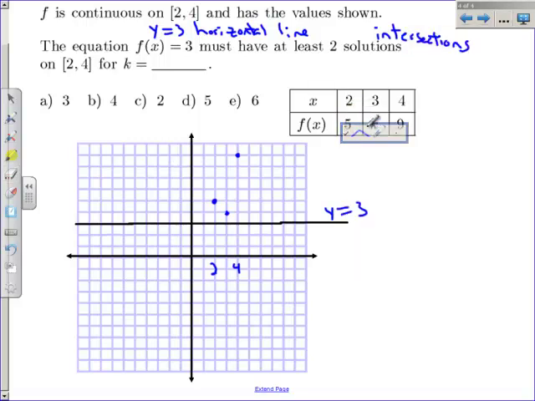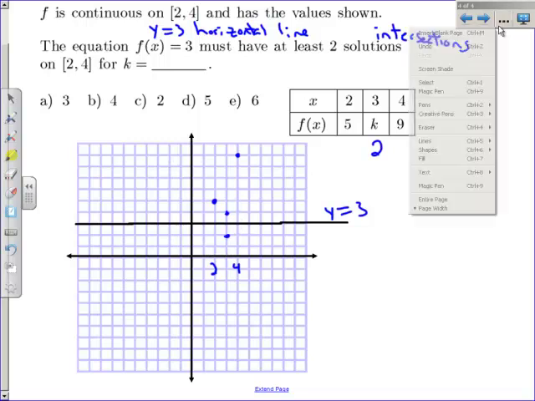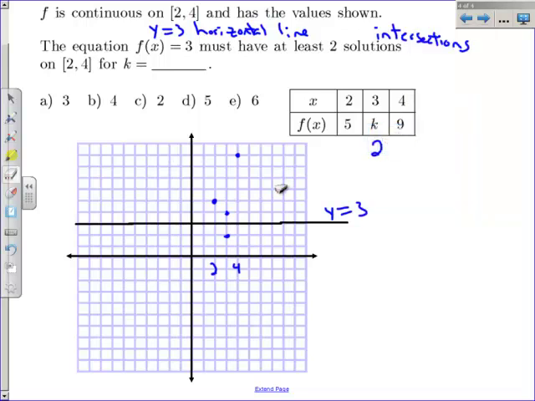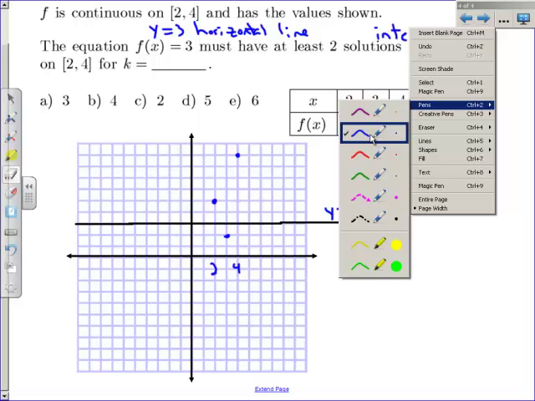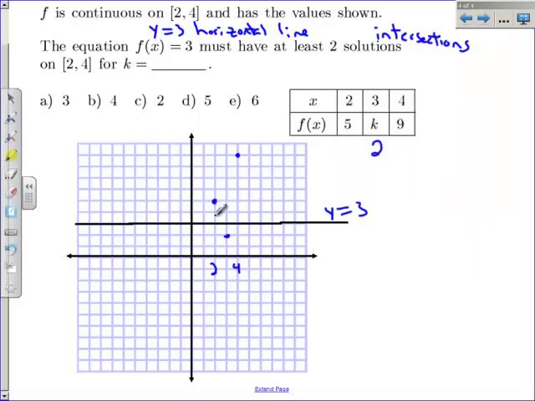All right, what about the y value of 2? So what if I made my k 2? So I was over here at 1, 2, 3, 2. Oh, I need to erase this other dot here too, don't I? Erase that one. Okay, so if k were 2, would this guarantee that I would have to cross the line y equals 3 twice?